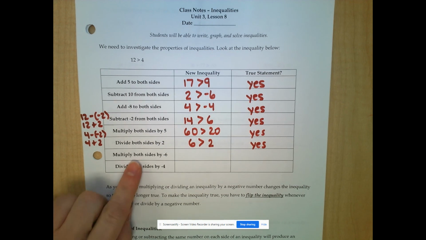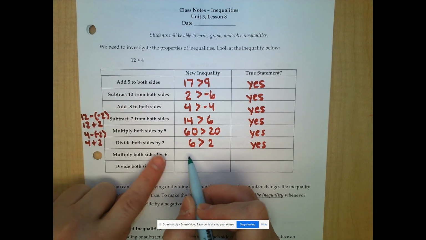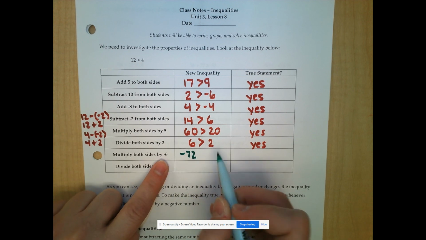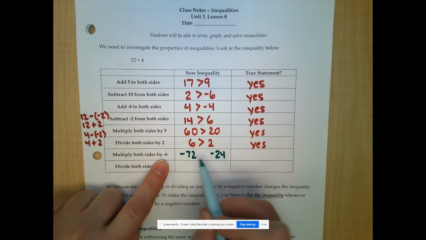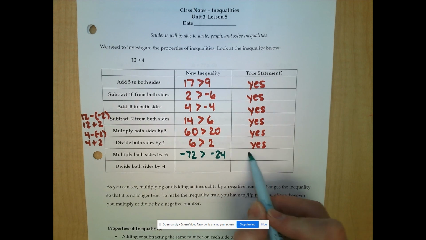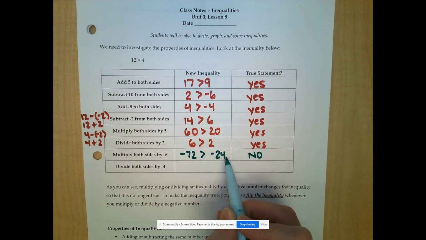So the next one says, what if we multiply both sides by negative 6? So 12 times negative 6 is negative 72. And 4 times negative 6 is negative 24. Is negative 72 greater than negative 24? And we would have to say, no, it's not, because negative 72 is much further in debt than negative 24.